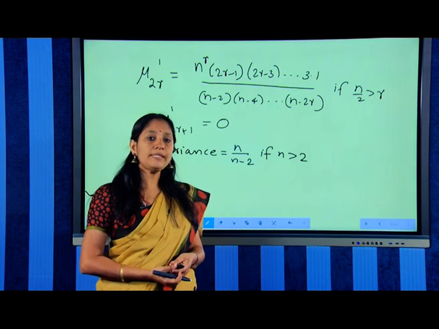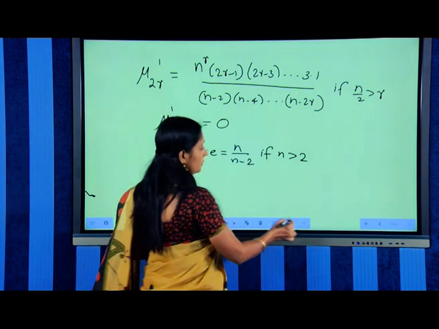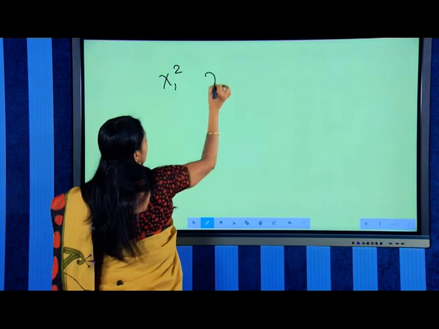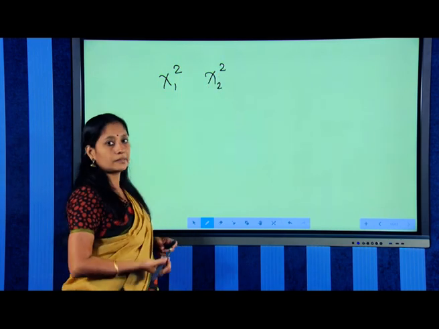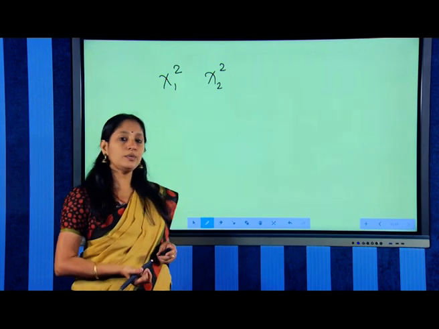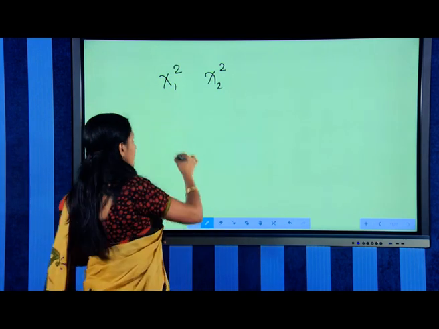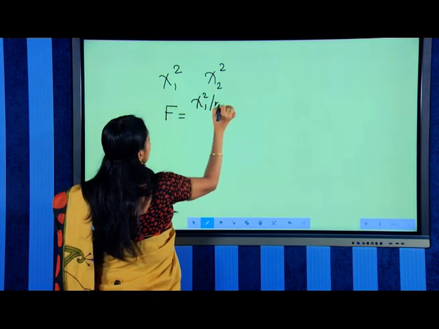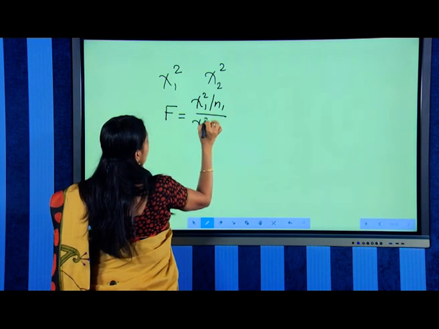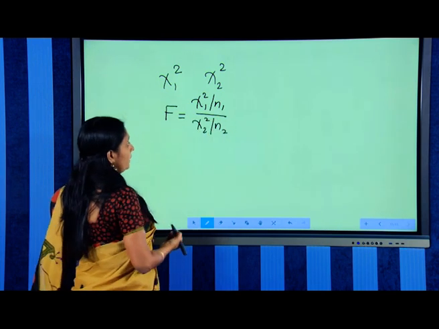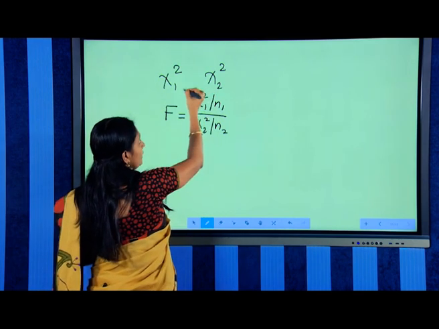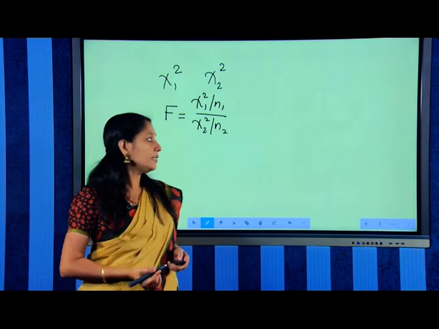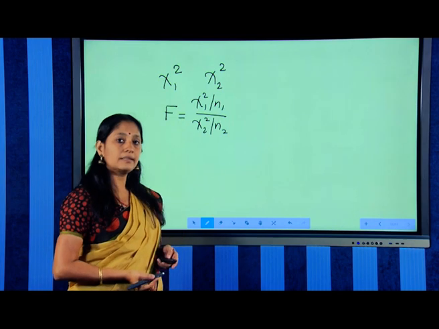If chi1 square and chi2 square are two independent chi-square variates with n1 and n2 degrees of freedom respectively, then we define a statistic f is equal to chi1 square by n1 divided by chi2 square by n2, where these two random variables chi1 square and chi2 square are independent.